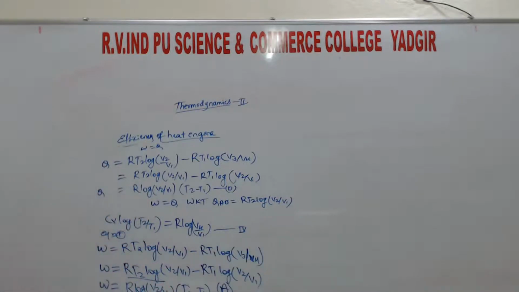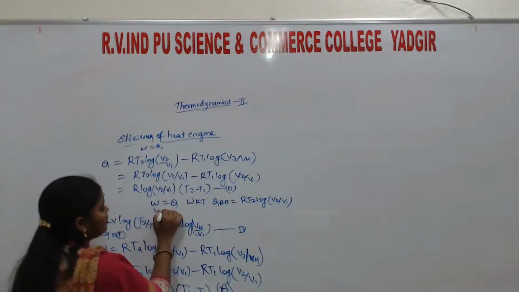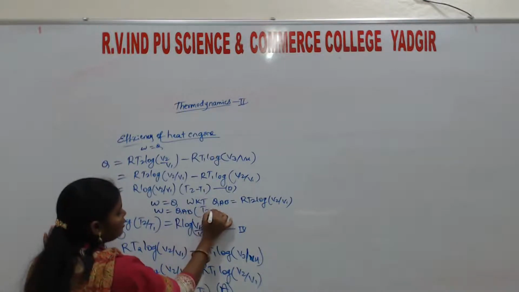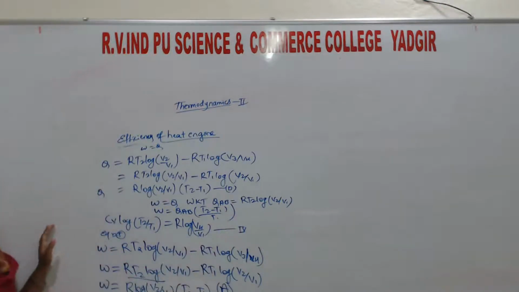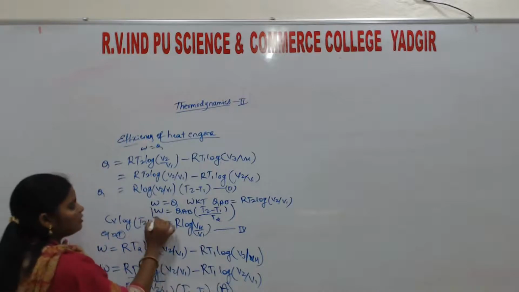Comparing the equations, finally you get that W is equal to QAB, that is, T2 minus T1 divided by T2. Here you get this equation.